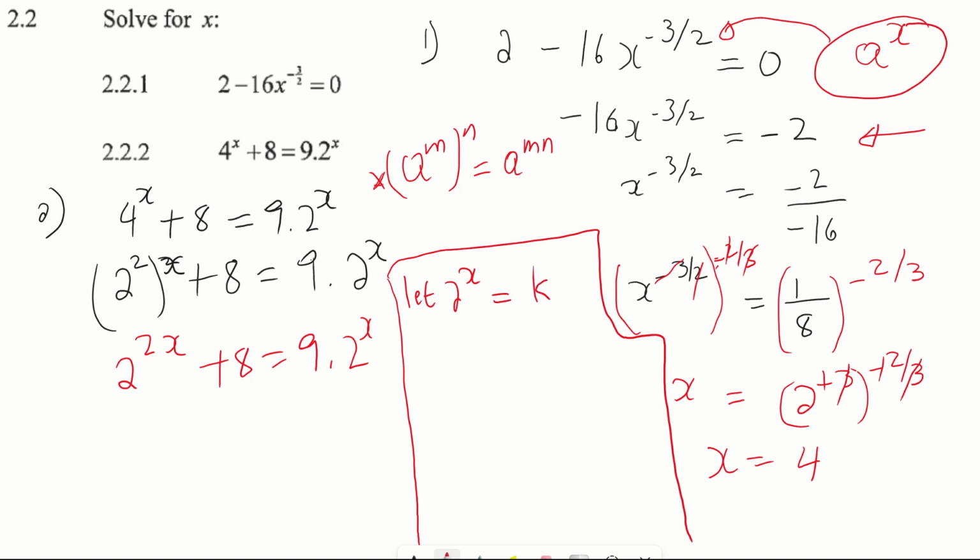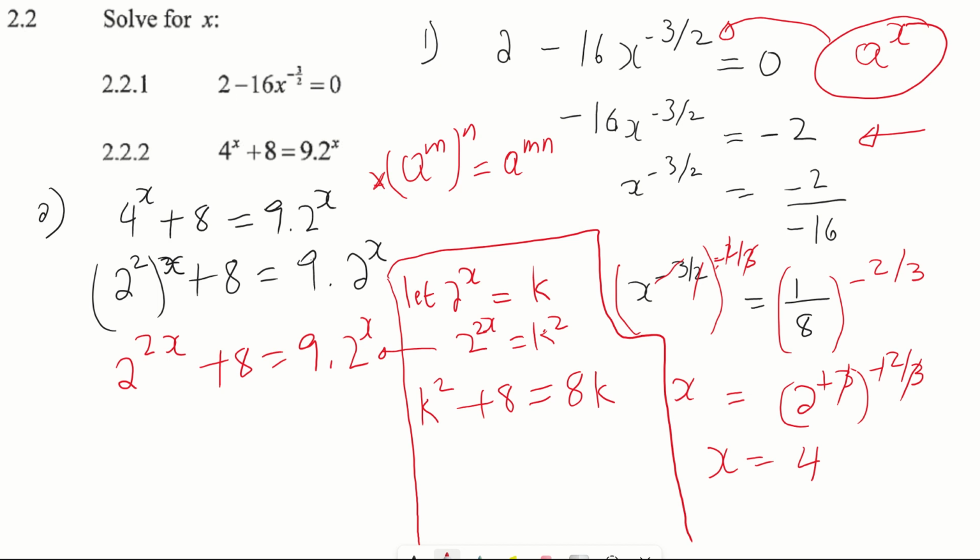Then I know that k squared is going to be equal to 2 to the power 2x. I'm raising k to the power 2, and what I do on the left, I do on the right. Then I substitute this back, and I have k squared plus 8 equal to 9k.